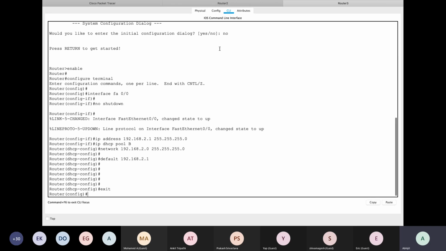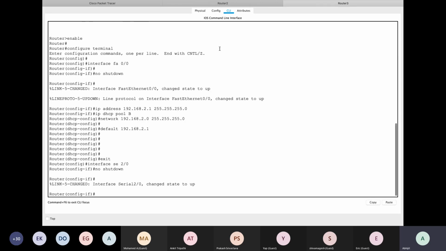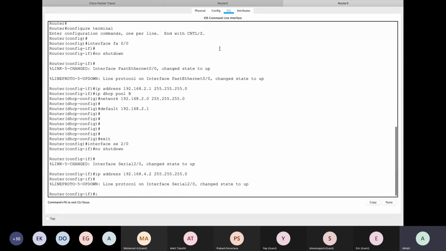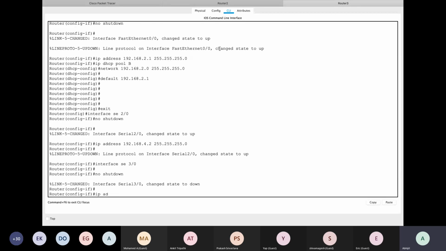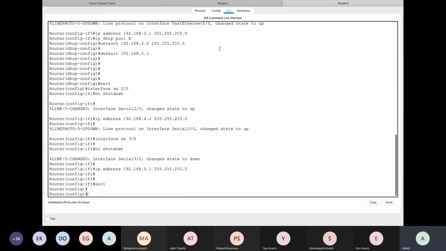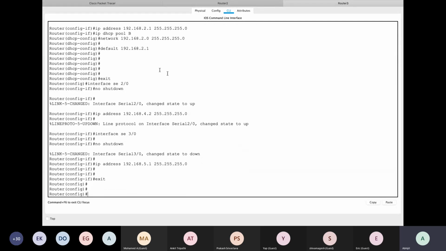Then I'm going to take an exit, say interface SE2/0, no shutdown, IP address 192.168.4.2 along with the subnet mask, and then interface SE3/0, and I'm going to configure that with IP address 192.168.5.1 along with the subnet mask. Makes sense? That's how the configuration actually will be done.